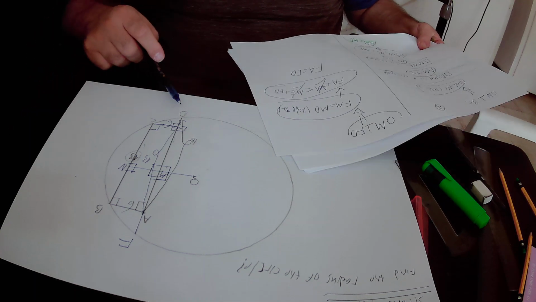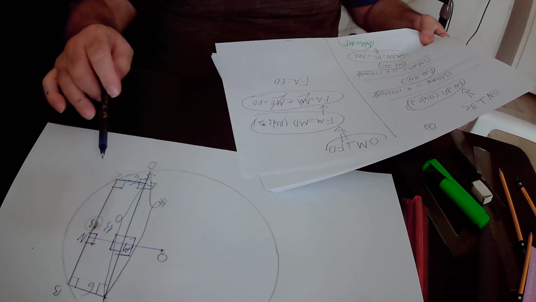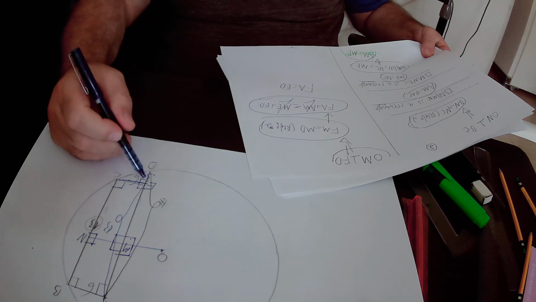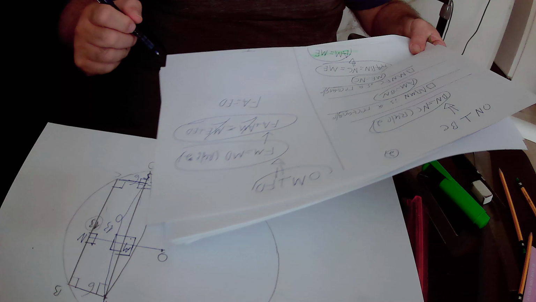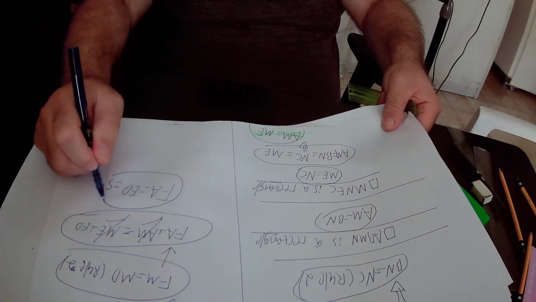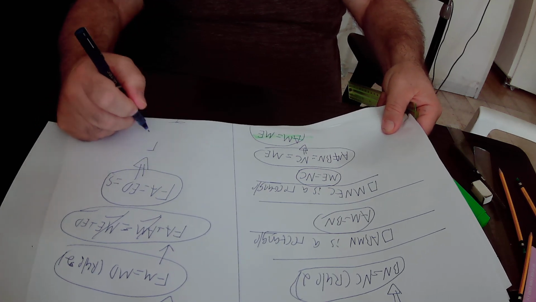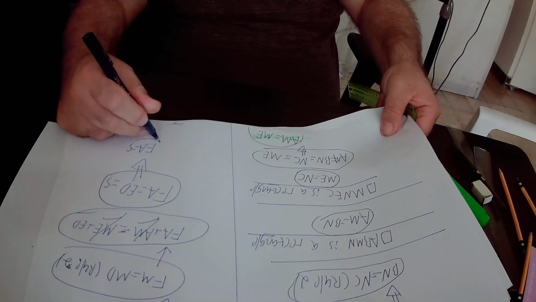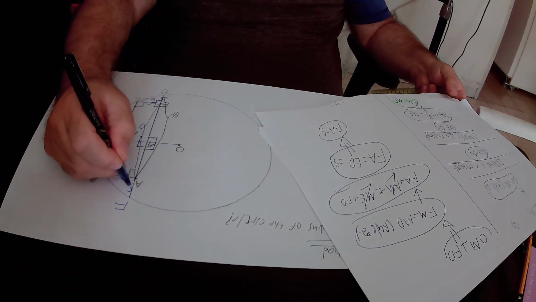But we have already found out that ED equals 5 units, according to what we have already found out. Here, this is 5. So we can write here that ED equals 5, and from this equation FA equals ED equals 5, we will derive that FA is also equal to 5 units.